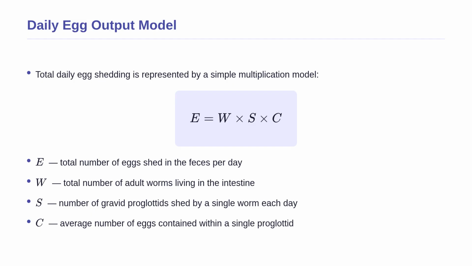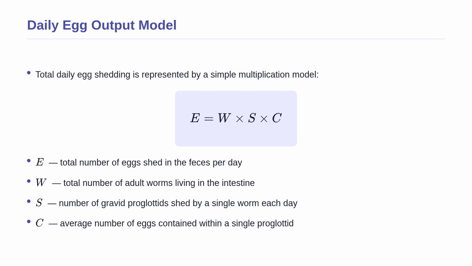Building on that concept, here is the mathematical model used to calculate environmental contamination. The formula is E equals W times S times C. Let us break down what each symbol means. E represents the total number of eggs shed in the feces per day.